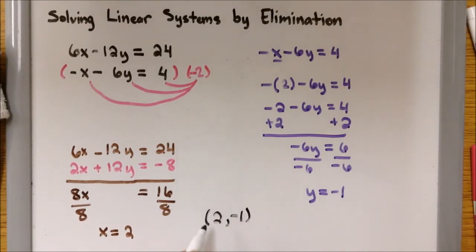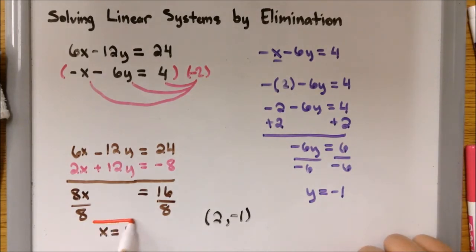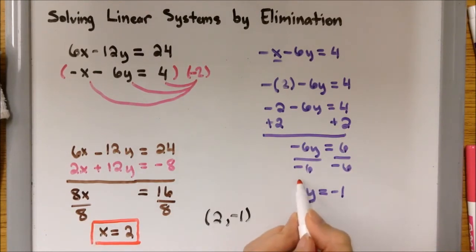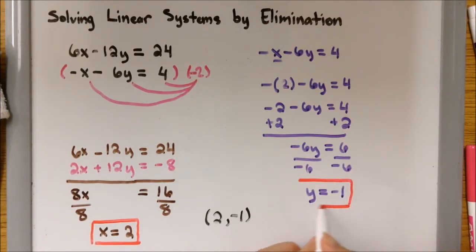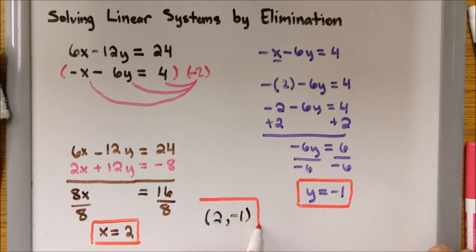Parenthesis, 2 comma negative 1. So again, you can either write it as just the x value with the y value, or you write it as a coordinate point where x comes first and then y. The order does matter, so be very careful.